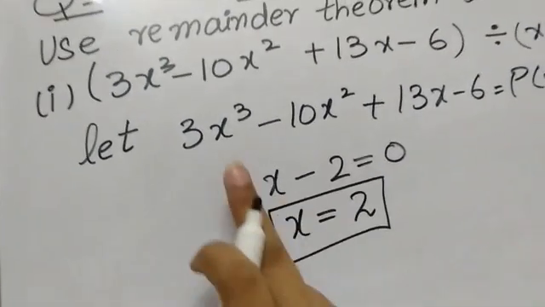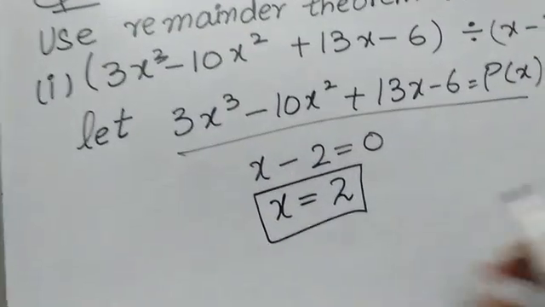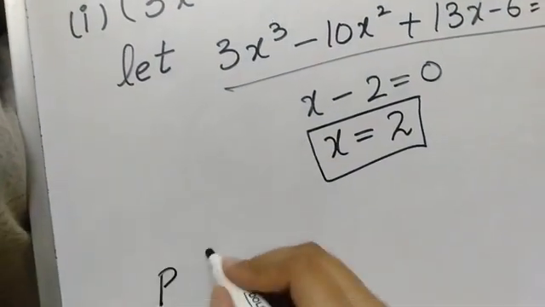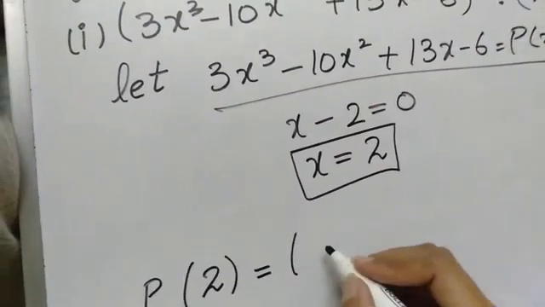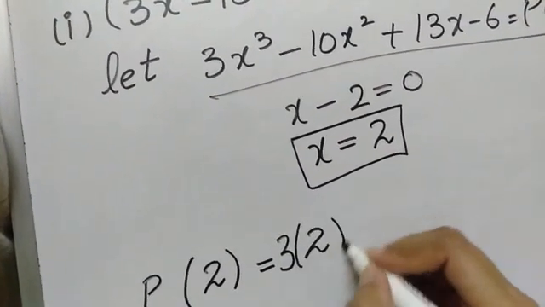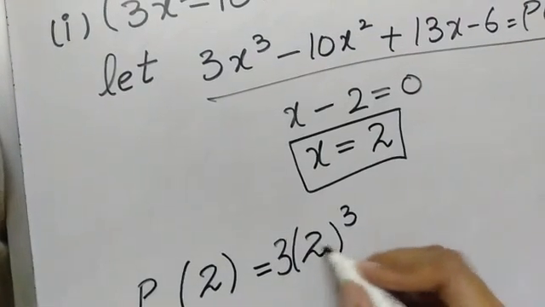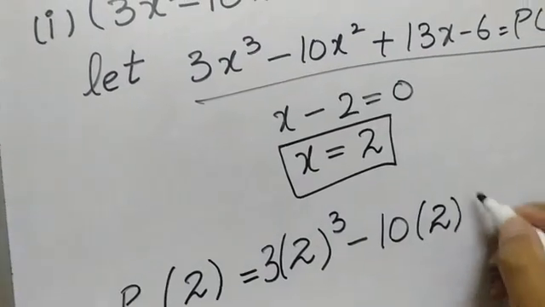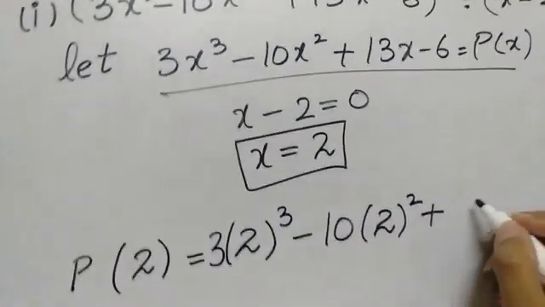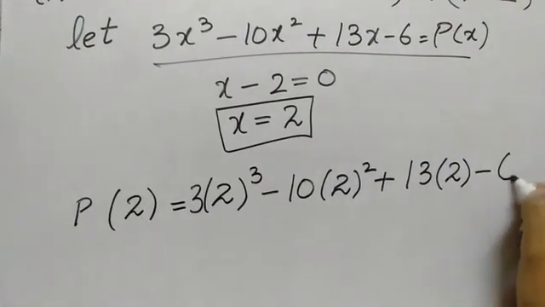Now we will put our value in place of x in our whole polynomial. So p of 2 will be 3 times 2 cubed, minus 10 times 2 squared, plus 13 times 2, minus 6.